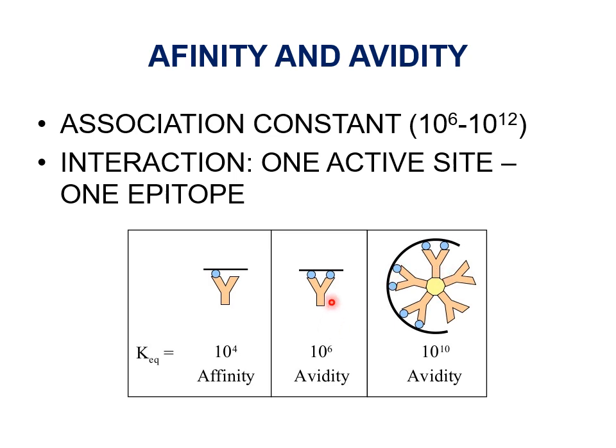So avidity is the strength of interaction between the antibody and the epitope, and affinity is the strength of the interaction at one interaction site of the antibody.